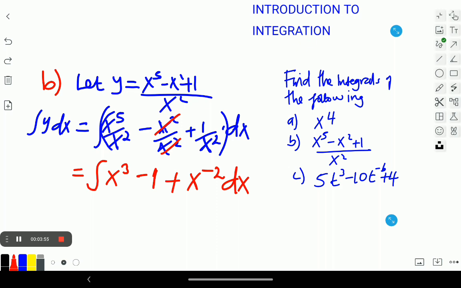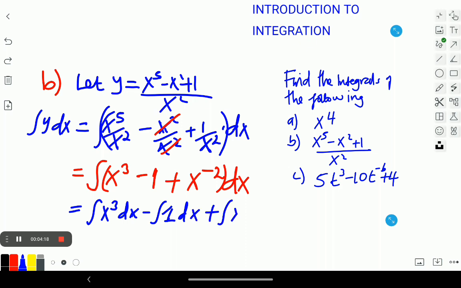Since we are at the start, it's better you do them one by one. How? We shall have the integral of x cubed dx, then minus the integral of 1 dx, then plus the integral of x power minus 2 dx.